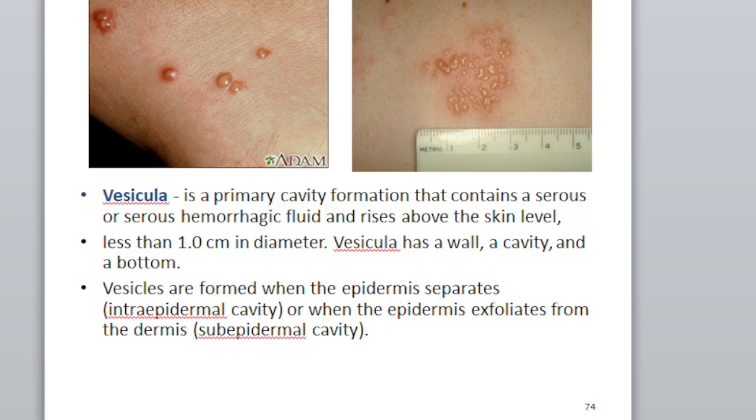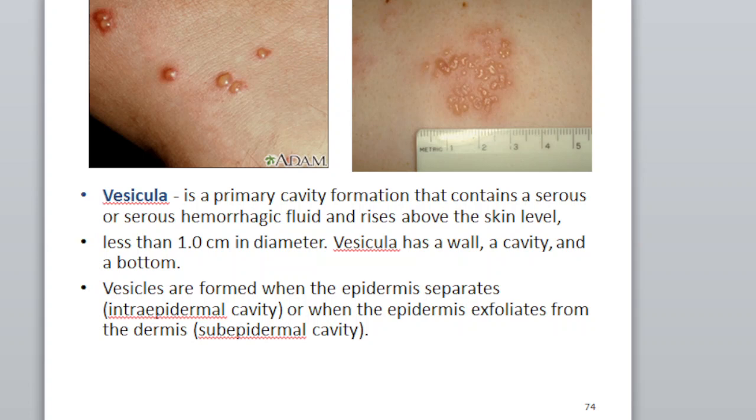Vesicle is a primary cavity formation that contains a serous or serous-hemorrhagic fluid and rises above the skin level, less than 1.0 centimeters in diameter. A vesicle has a wall, a cavity, and a bottom.